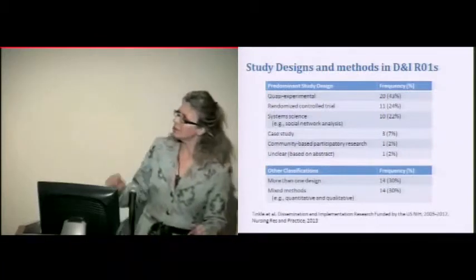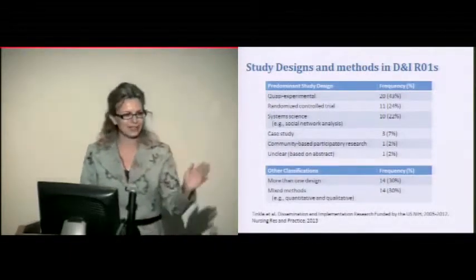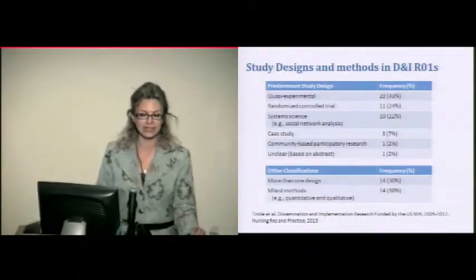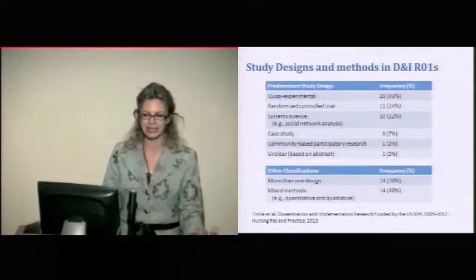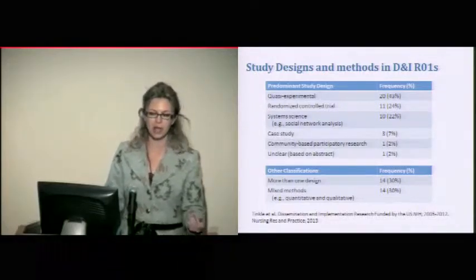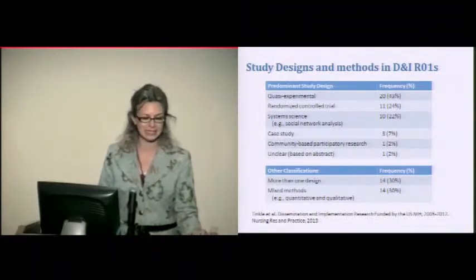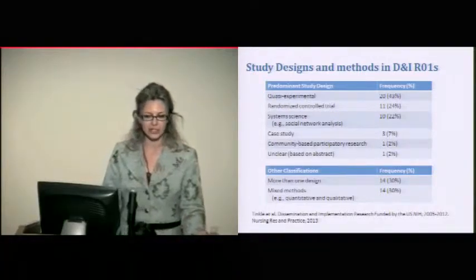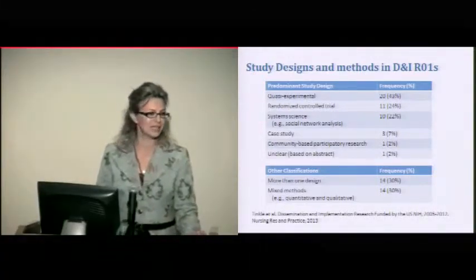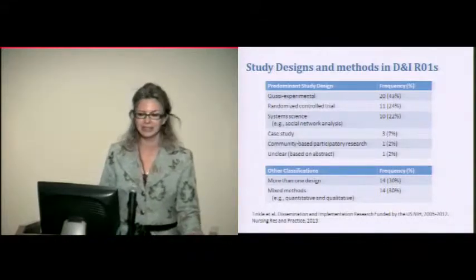Before I do that, I wanted to show you that same study that we keep carrying through the day, of the D&I R01s that were analyzed based on the abstracts, and show you what kind of study designs those R01s used. The most common was quasi-experimental design, as I mentioned. Still a large number of randomized controlled trials are used. It's not specified if they are pragmatic or explanatory.